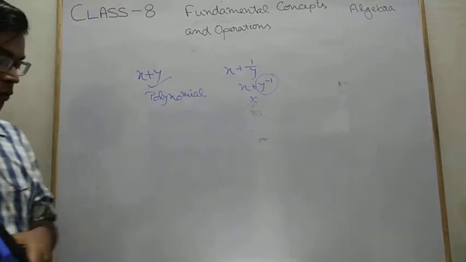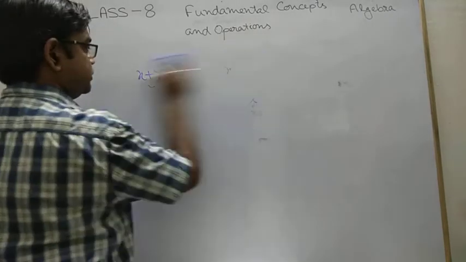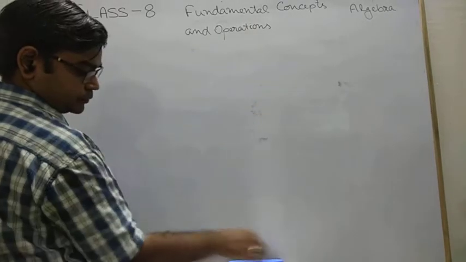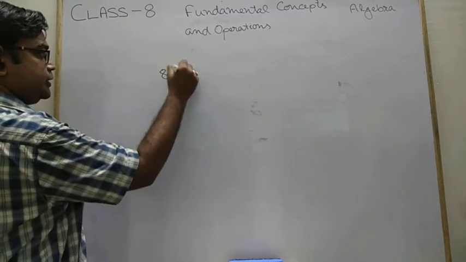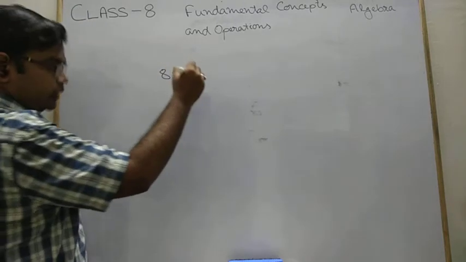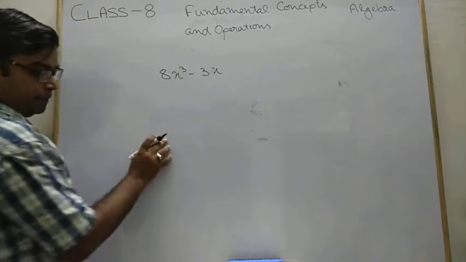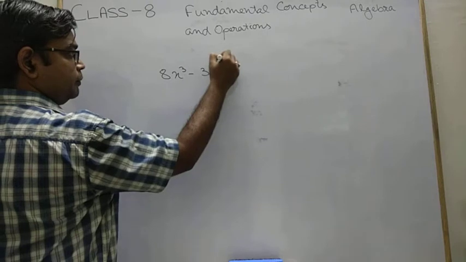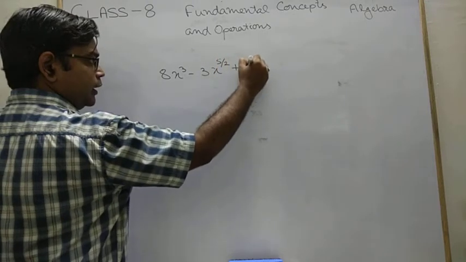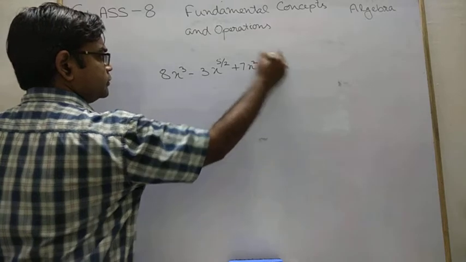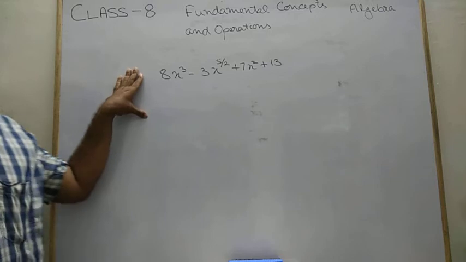Now if we choose this expression: a x cubed minus 3x to the power 5 upon 2 plus 7 x square, take one more constant. State whether this is a polynomial or not.